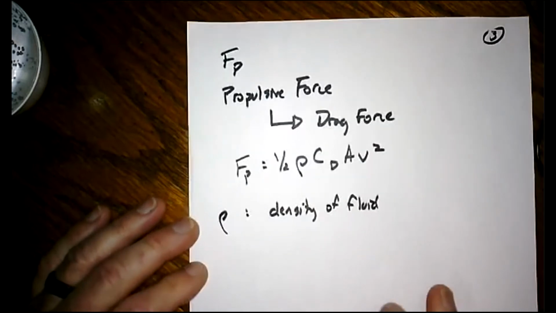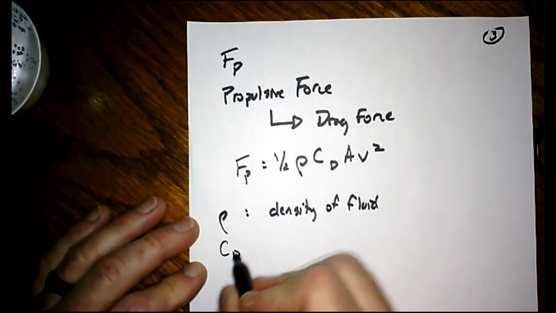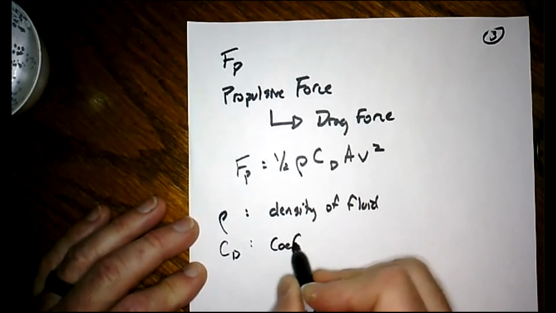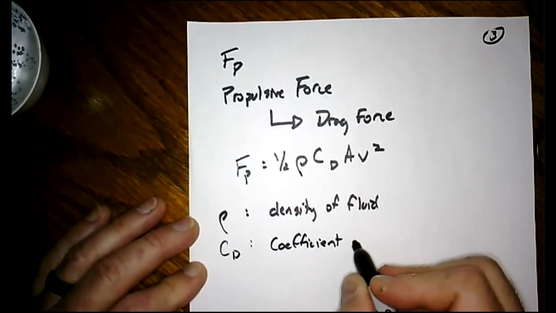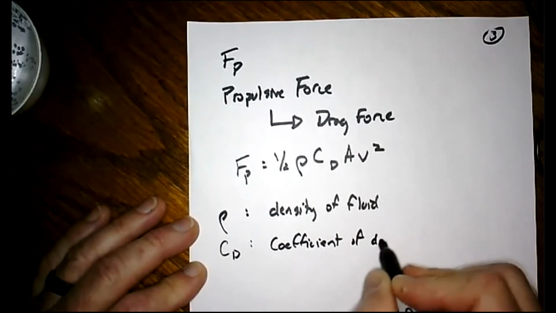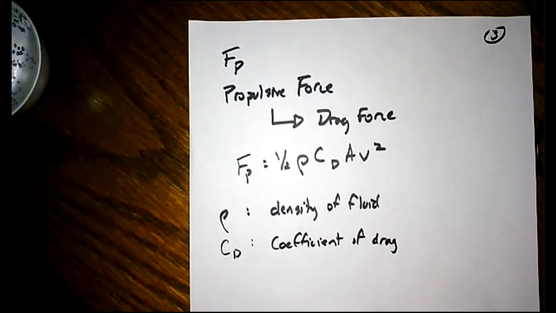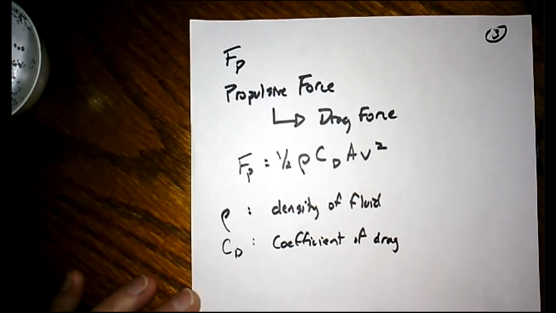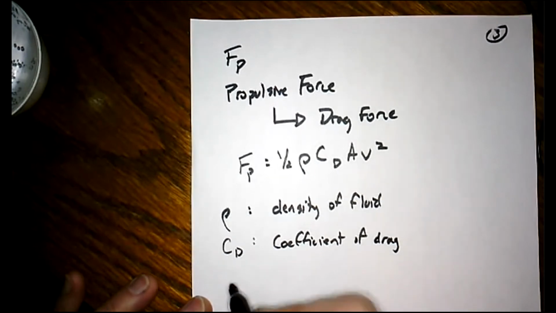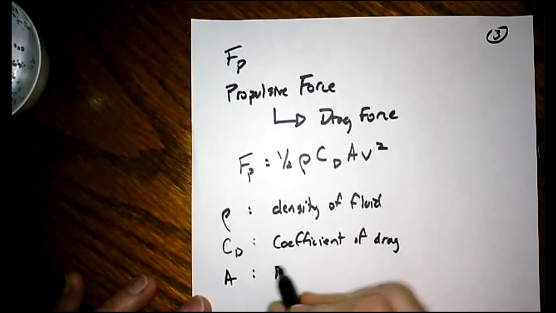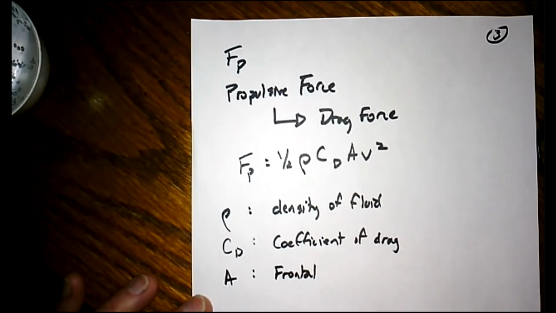C_d is the coefficient of drag, and be sure to go back and listen to the drag force equation video. The C_d is influenced by, in essence, the shape, or how well the fluid moves over the object overall. And then A is the frontal area, the area perpendicular to the flow of the fluid.